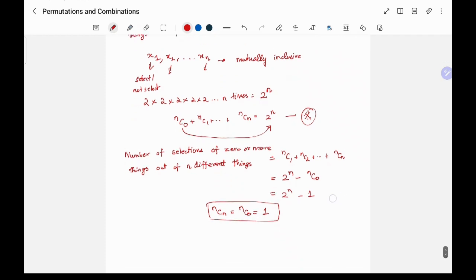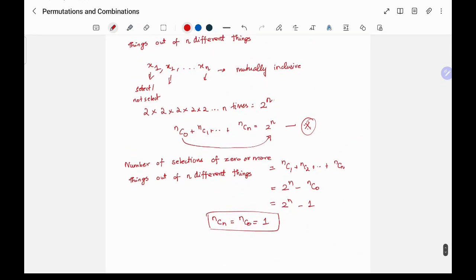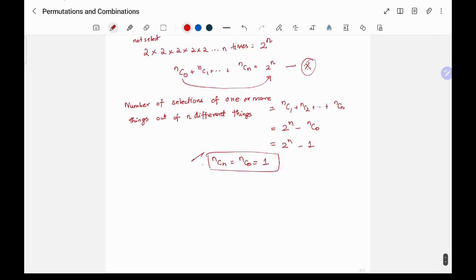So this is 2 power n minus 1. So to visualize it this way, it is same as selecting all objects, but one possibility which is not selecting any of them. That is one possibility. So we need to remove that because we need at least one thing to be selected, right? So we are excluding that possibility and we arrive at 2 power n minus 1. And this is one important thing.